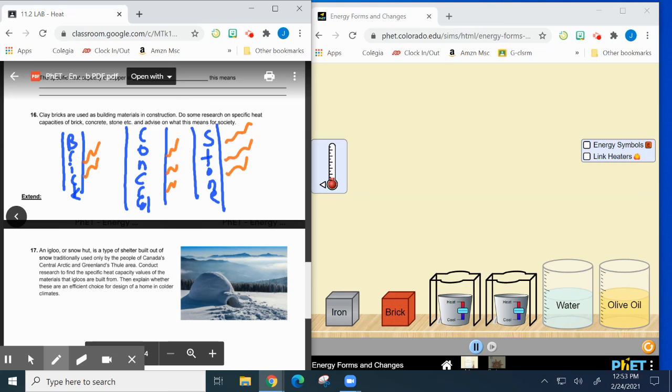When you build a building, you build it with walls, and then slowly those walls heat up. I'm pretending the right of each wall is outside and the left of each wall is inside. As those walls heat up, they start to radiate heat into your house. And so the higher the specific heat capacity, the better it will keep that heat out during the day.